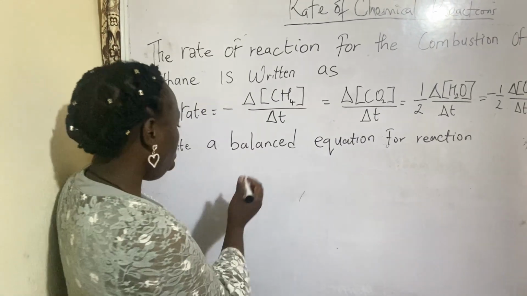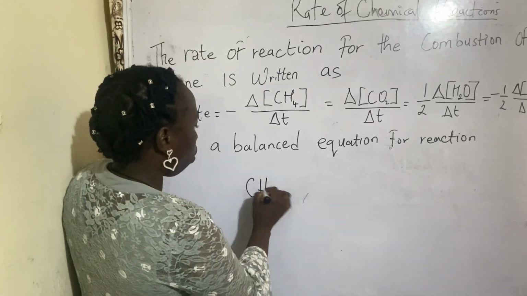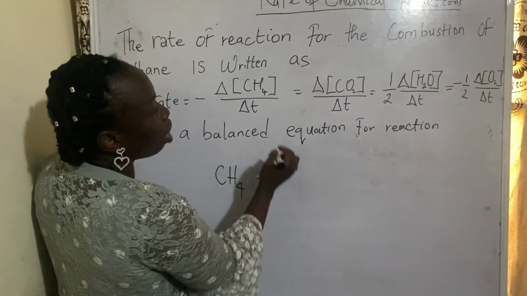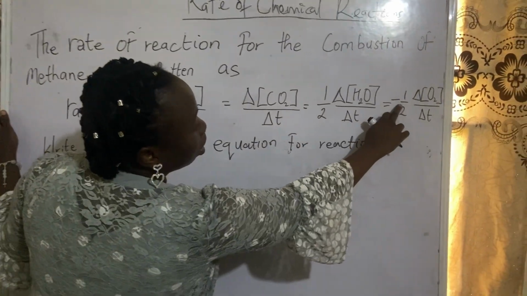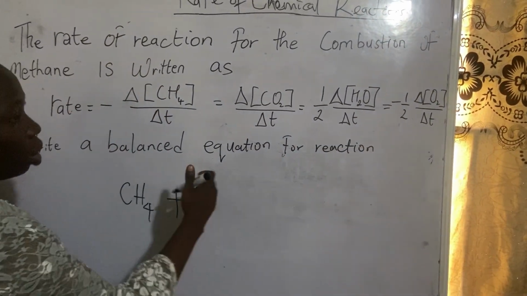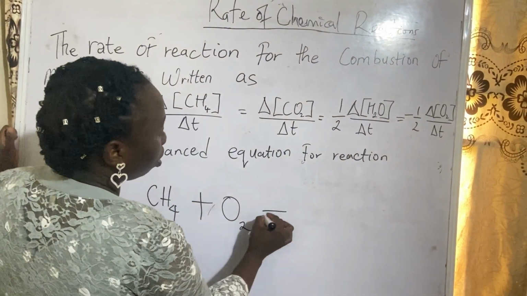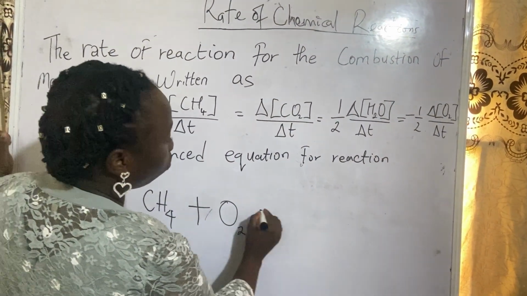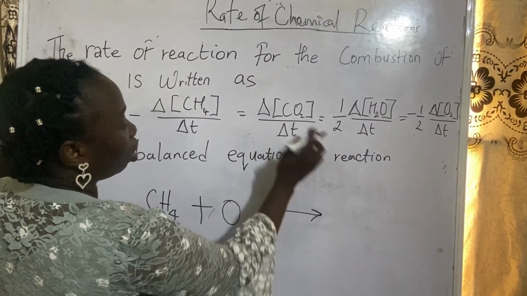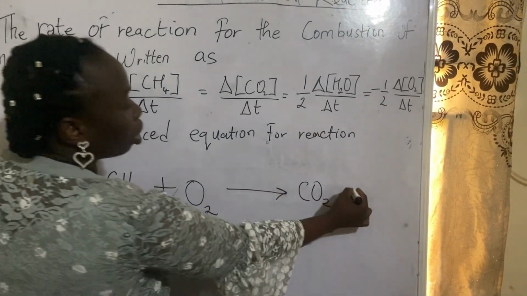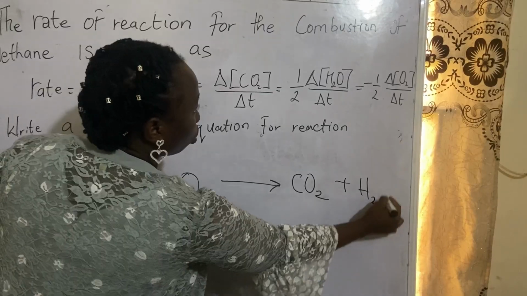Reactant. So it becomes CH4. That means this is a reactant, CH4, plus you look for another one that is a reactant. This is minus, so it's a reactant. So you say O2, then the product to give us, look at this product is CO2, and this, because it's plus, is also a product.